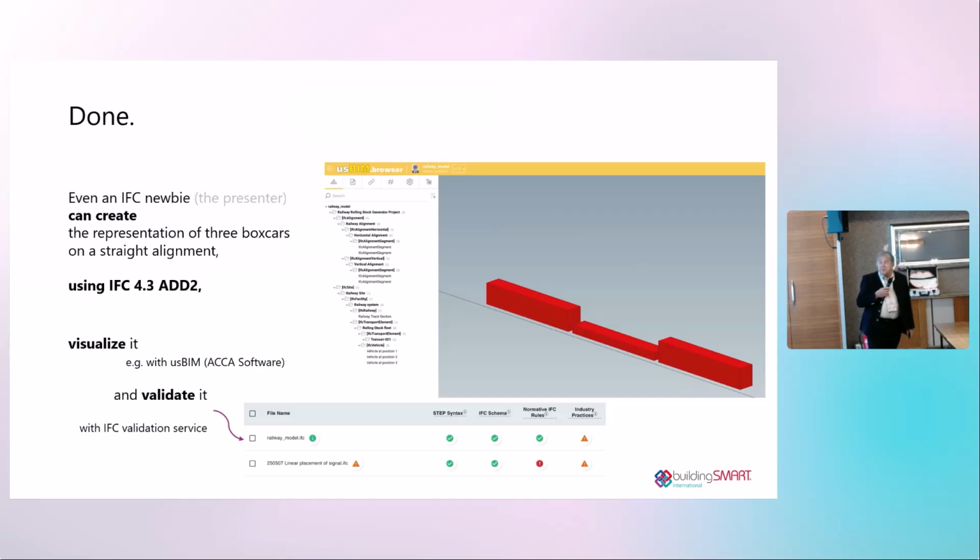In fact, this is a result of my toy experiment with me dabbling, and surprisingly, I was able to produce something that more or less looks like 3 boxcars on an alignment. And it could be displayed in this excellent USBIM browser provided by Alka Software. Very simple to use.